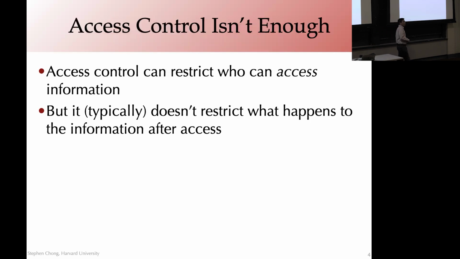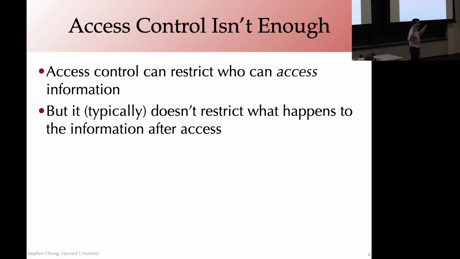Now, access control is typically not enough. And by that I mean access control is able to control who can access the information, but typically doesn't control what happens after that information is accessed.